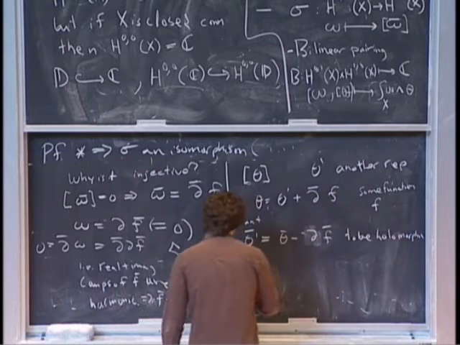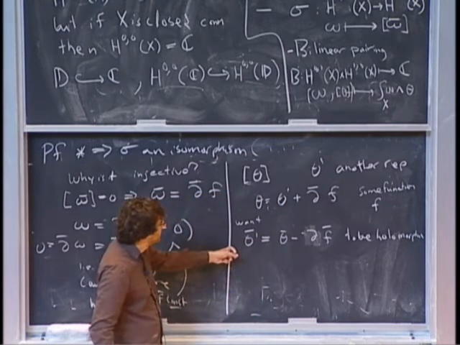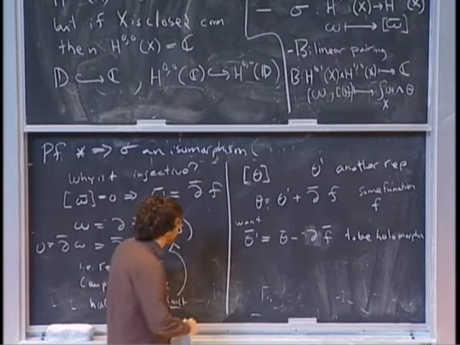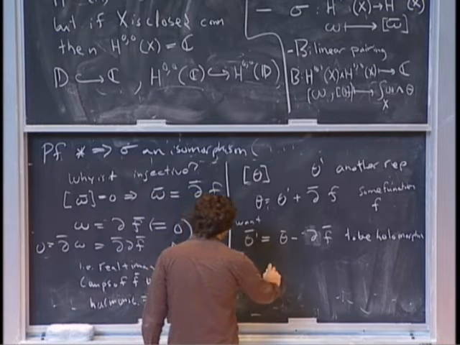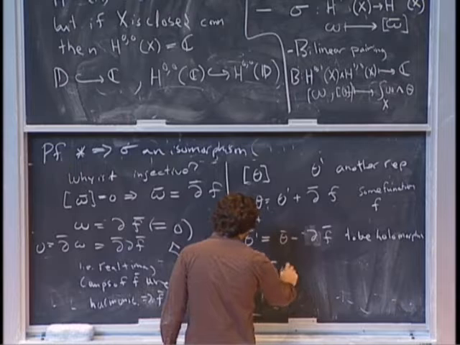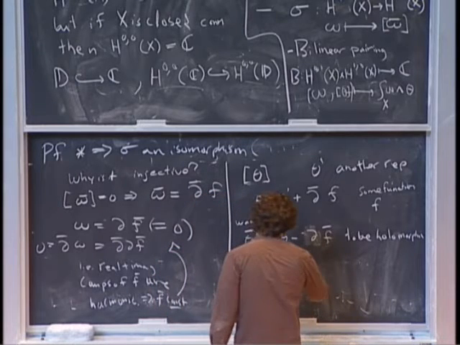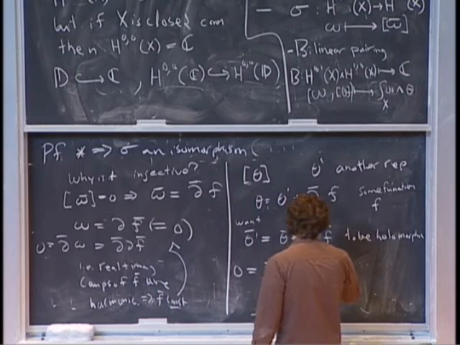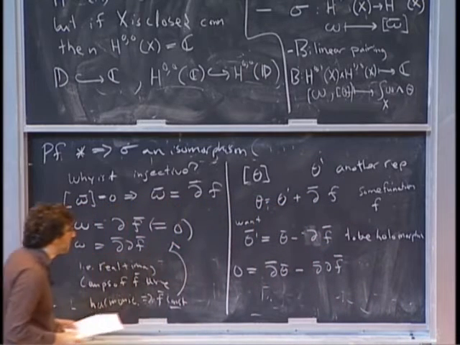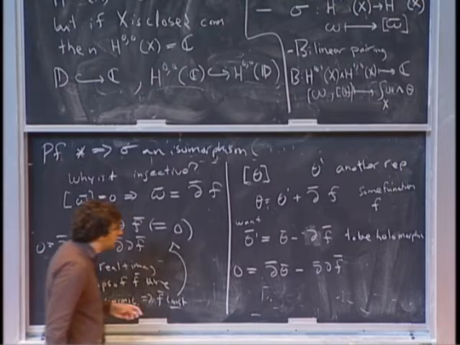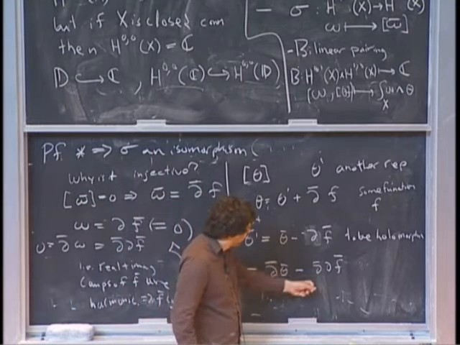So if we apply del bar to this, we want 0 to be equal to del bar of theta bar minus del bar del f bar, right?